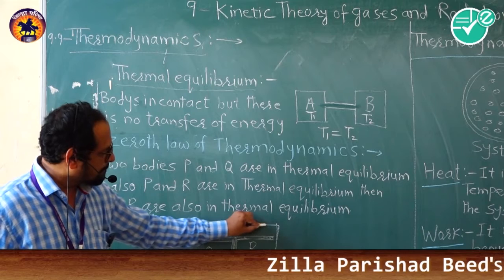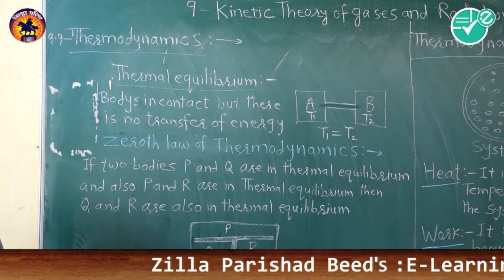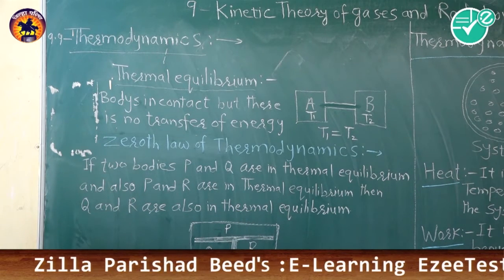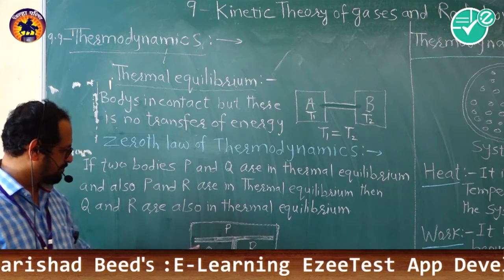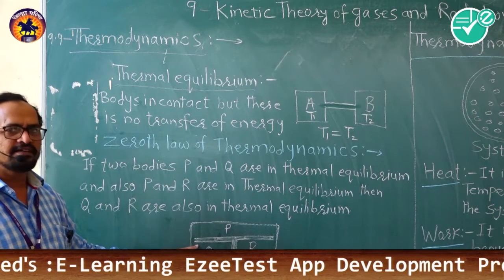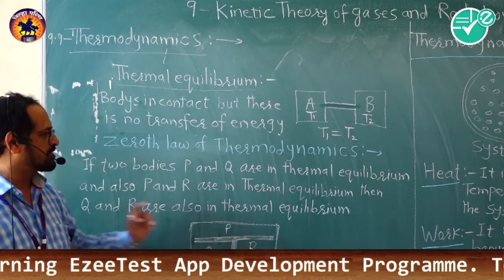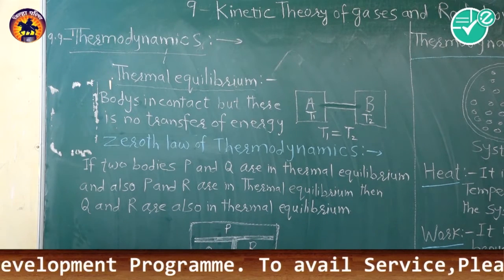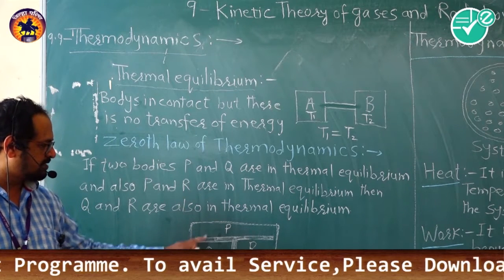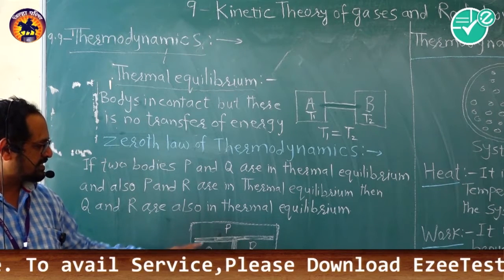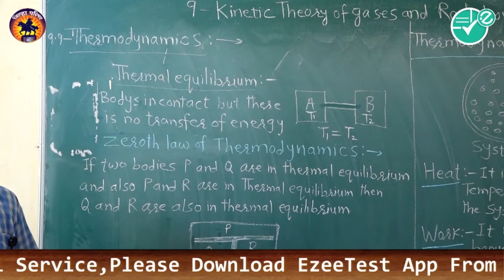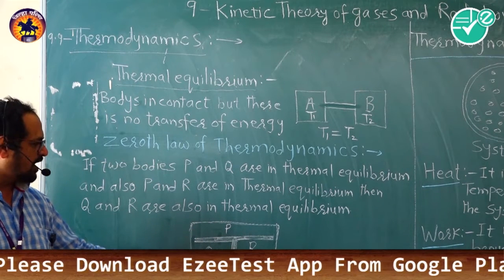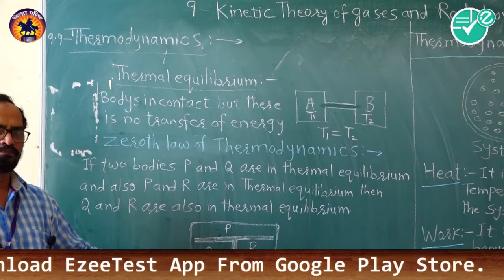If there is a difference in temperature, then heat will move from the higher temperature to the lower temperature, and a time will come when both P and Q have the same temperature. It means that P and Q are in thermal equilibrium.